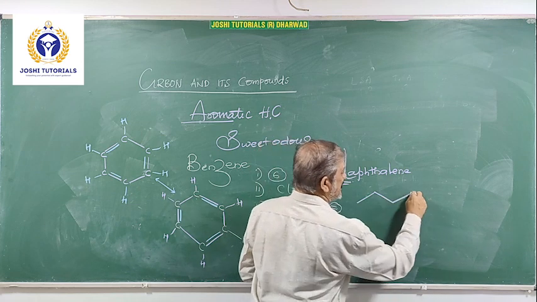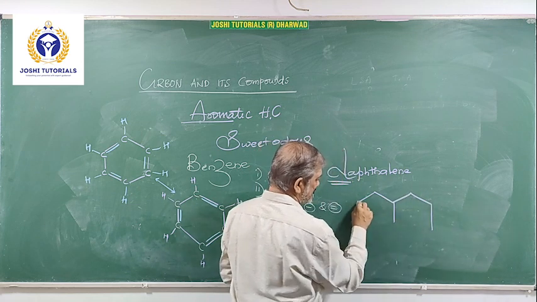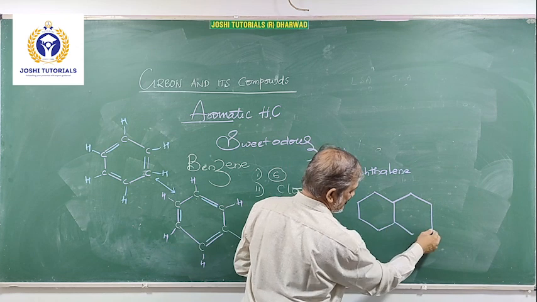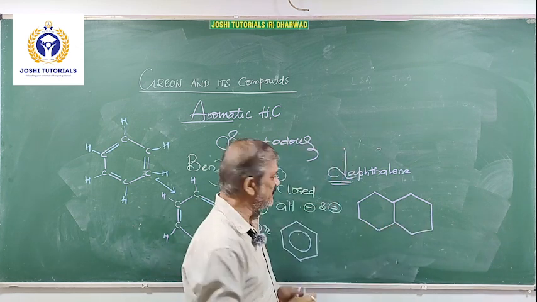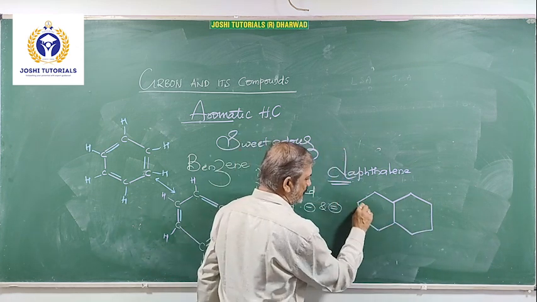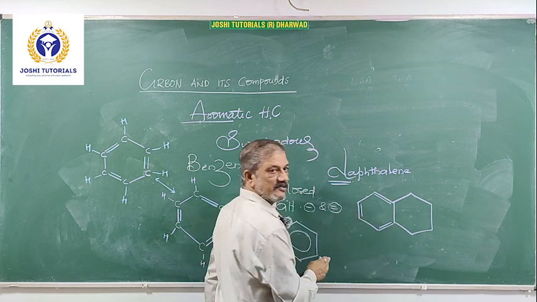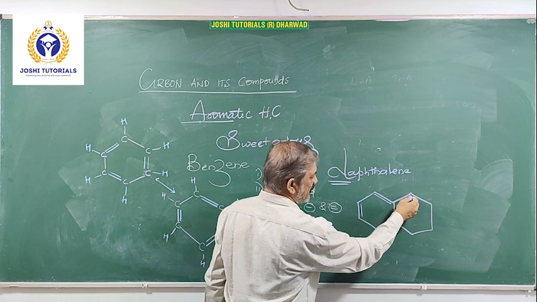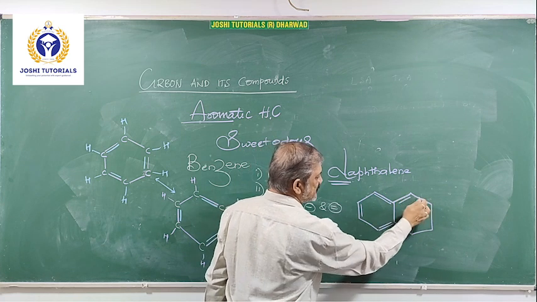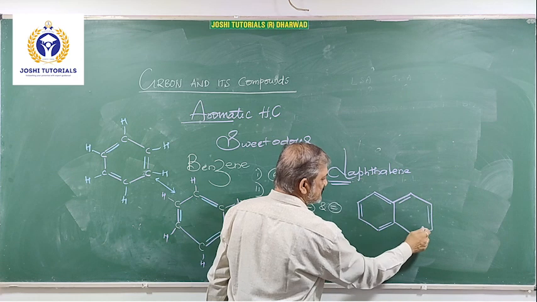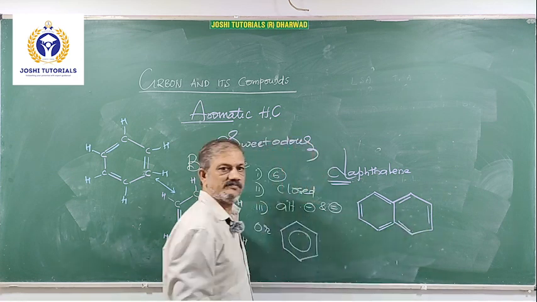It contains like this, watch, benzene structures. Beautiful benzene structure. Single bond, double bond, single bond, double bond, single bond, double bond. Single, you can give, say, double, single, double, single, double.